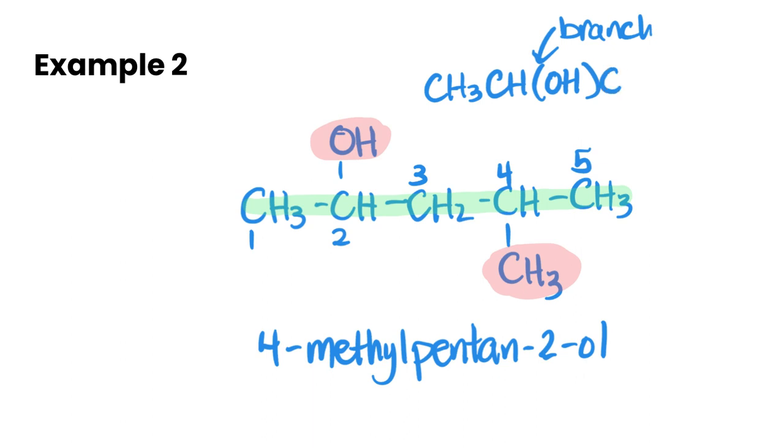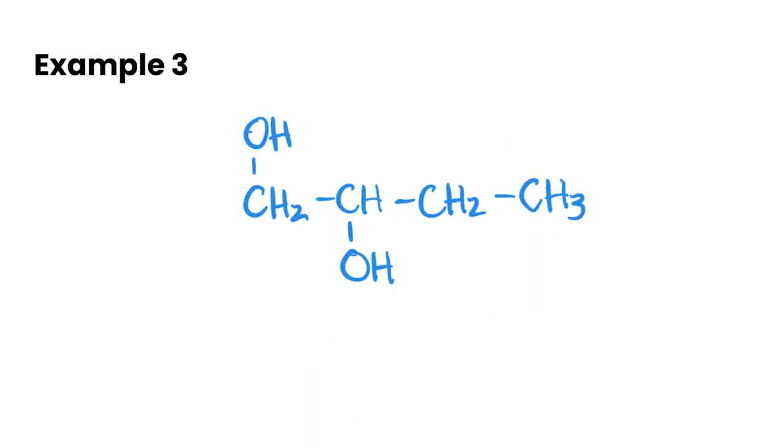Then we keep going, CH2, CH, and then a branch, and then CH3 on the same line. So just know branches are usually denoted by brackets, and we can write OH as our condensed form for an alcohol group.